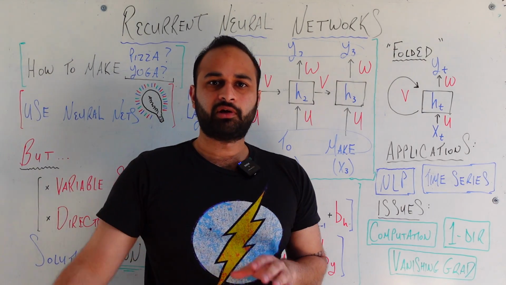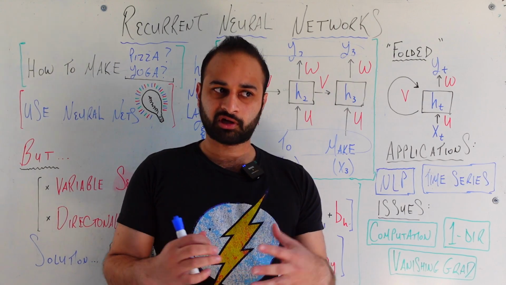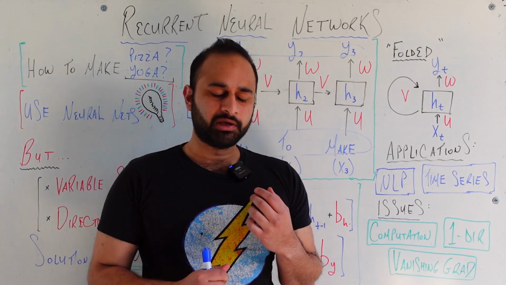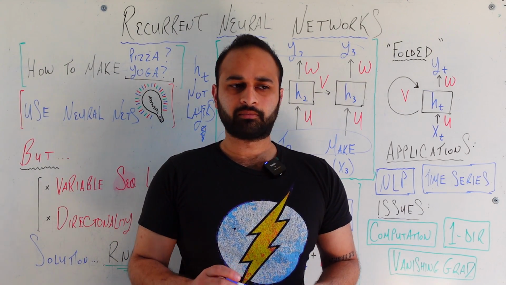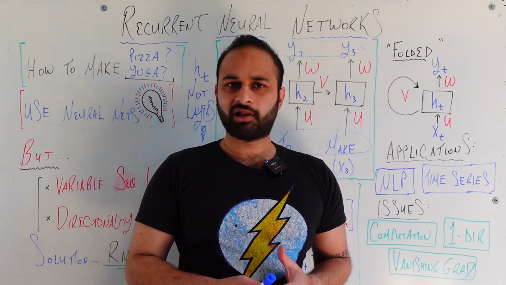Now, let's close the video out by talking about the issues or the drawbacks of recurrent neural networks. We have to talk about all sides on this channel. One of the biggest ones is computation. If you think about typical neural networks, at a rough level, a lot of that can be parallelized.